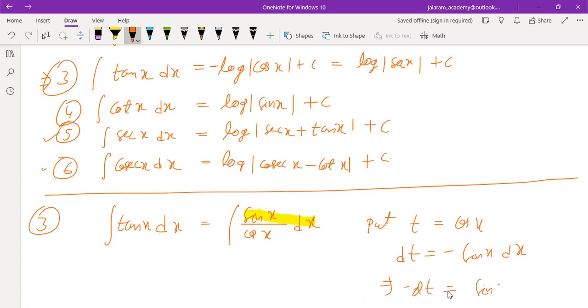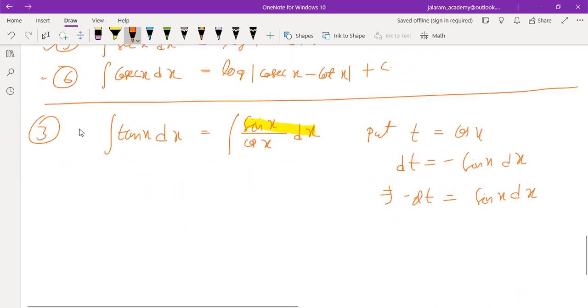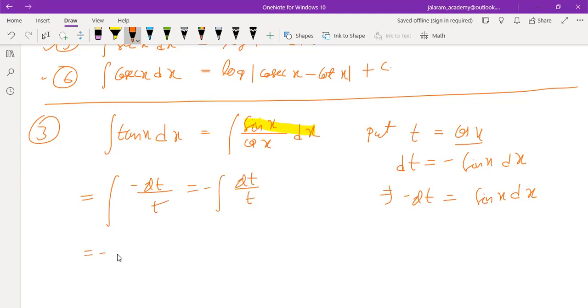So minus dt equals sin x dx. And the denominator cos x equals t. So it is minus integration of dt by t, which is minus log t. And whenever there is log, always use modulus, plus c. So minus log t is minus log mod cos x.